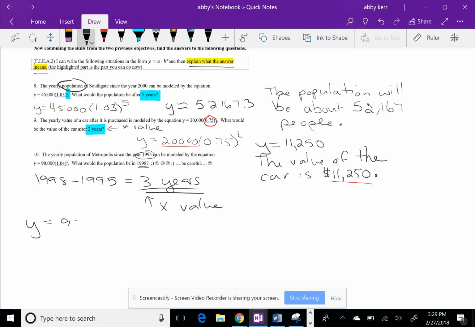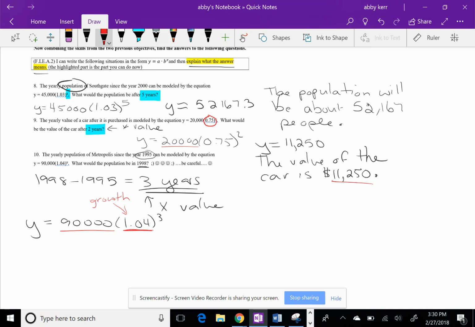So just like number 8 and number 9, you're going to put 3 in. So then y equals 90,000 people times 1.04 raised to the third. Now when you really get good at this and you practice, you're going to just look at this problem and say, oh, this is a growth. I know it's a growth problem because it's bigger than 1. So you should know that your answer is going to be bigger than 90,000 just because the population is growing. It's increasing. So let's check.